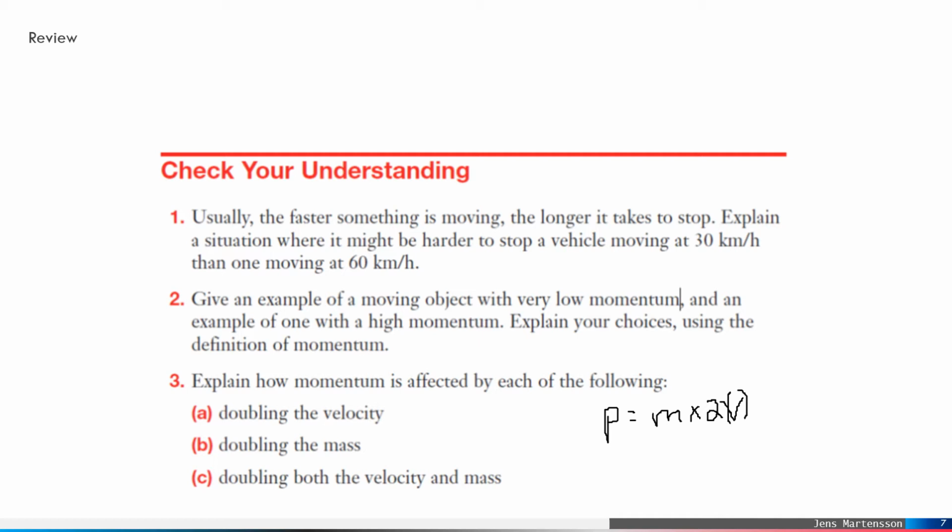If I double the velocity, let's just say it was 1 for my mass and 1 for the velocity, and I multiply them together. That's easy, my momentum is 1. If I double my mass now, 2 times 1, all of a sudden my momentum is 2. Or 1 times 2 is still 2, so when I double my velocity, my momentum also doubled. Now, try and figure out what B and C will do.